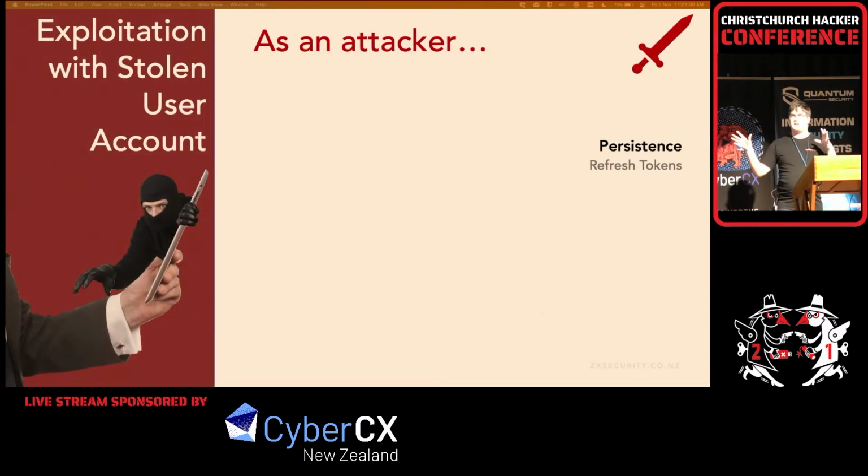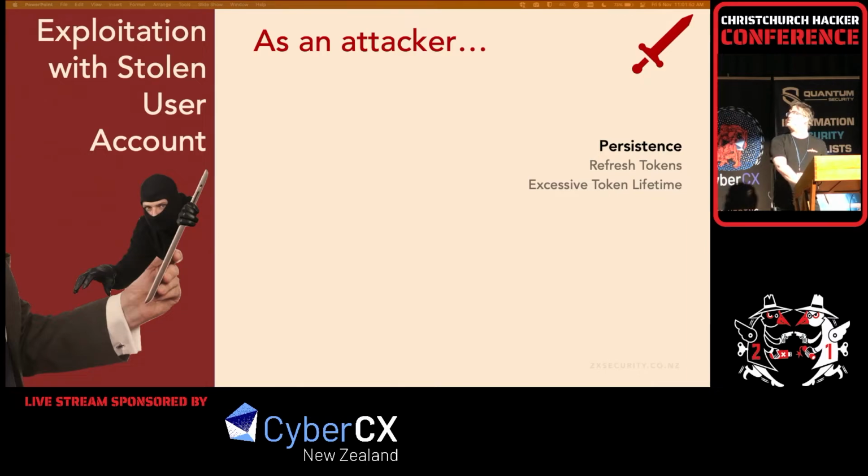So as an attacker, you can hide out in that place by issuing a refresh token under a client that maybe looks legitimate. When the user resets their password, they might not even know what the heck the whole connected apps thing is about. And even though they've changed their password, you're still persisting within a refresh token that just sits in those connected apps lists.